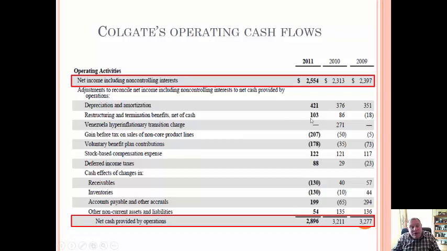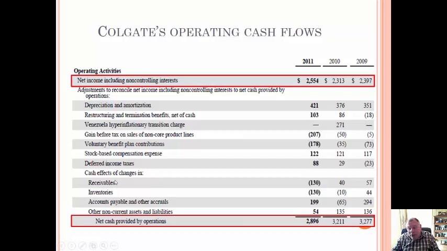So there was a debit of $103 million to restructuring costs and a credit to payments to employees as they downsized. It wasn't paid. They had a gain before taxes on sale of non-core product lines, voluntary plan contributions, and we can see here that these are all non-cash expenses or income, because you don't want to include things that didn't generate cash or use cash.